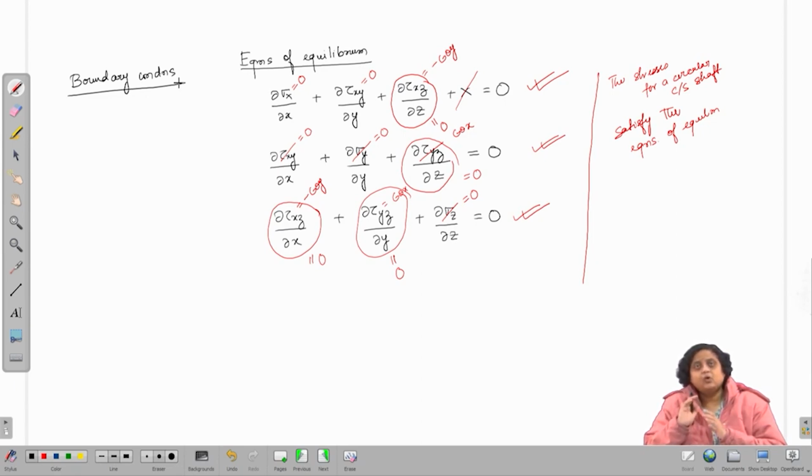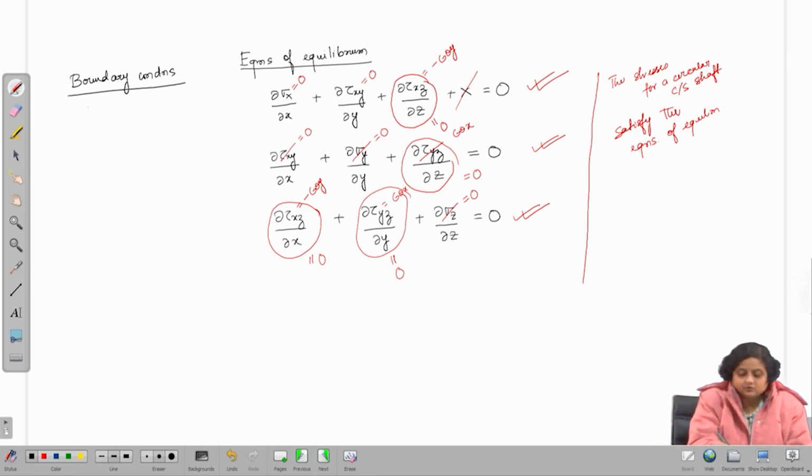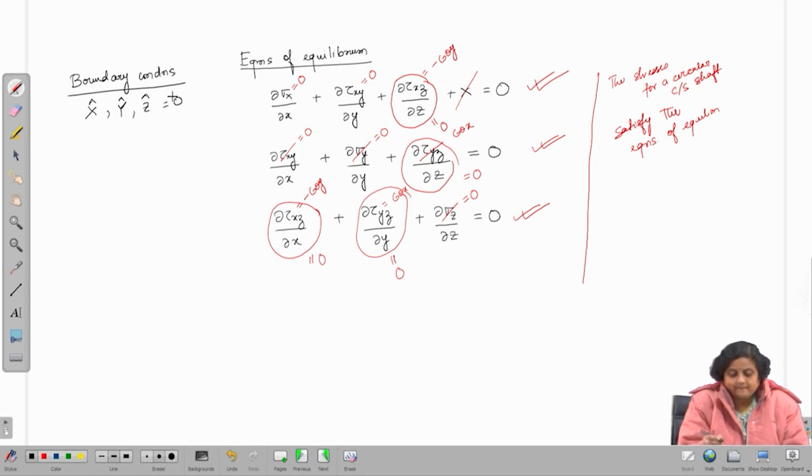So, there are no forces acting on the lateral surface as well as the top and bottom surface. So, what is the boundary condition therefore? X hat, y hat and z hat are equal to 0 for the lateral surfaces as well as the top and bottom surfaces.